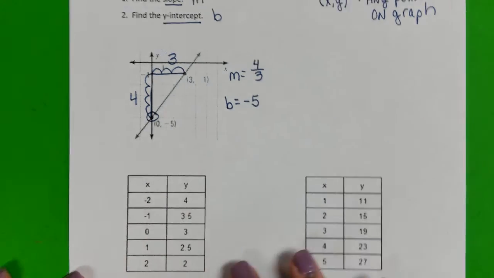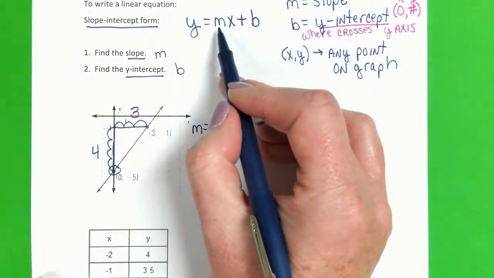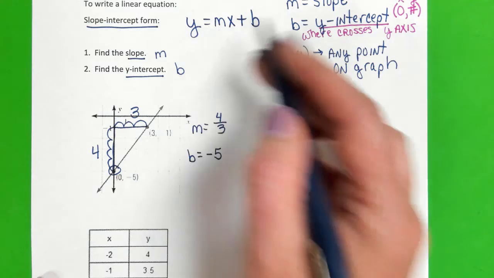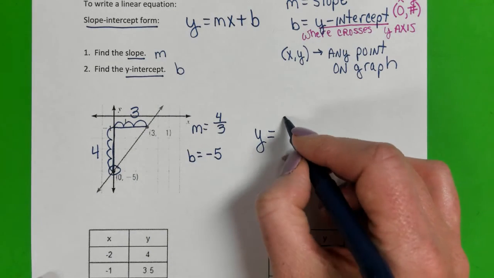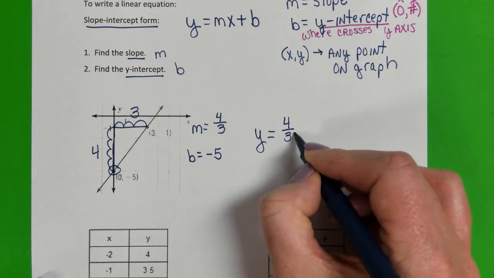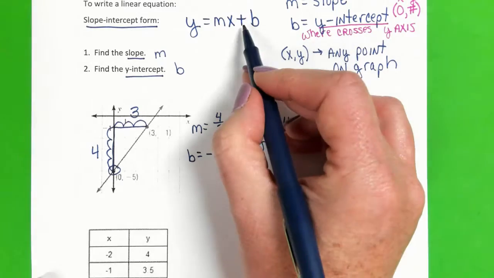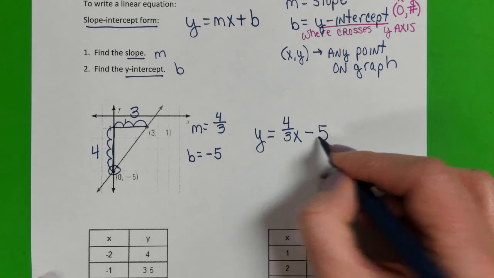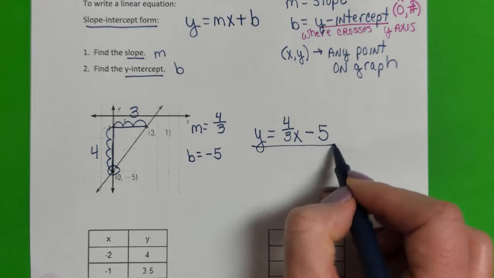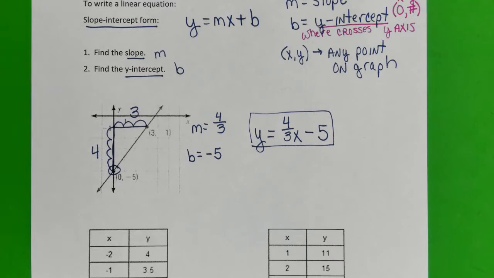Okay, so now I'm ready to write our equation. All we have to do is fill in the numbers for m and b. So the equation would be y equals 4/3 x. And I know it says plus, but because our y-intercept is negative, we're going to write -5. That is the equation of our line in slope-intercept form.